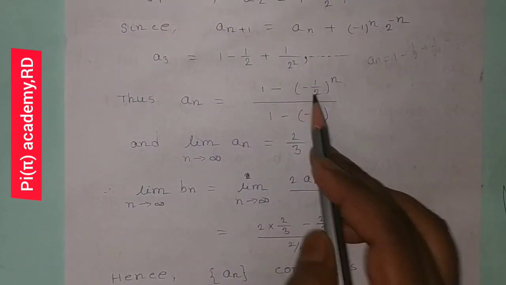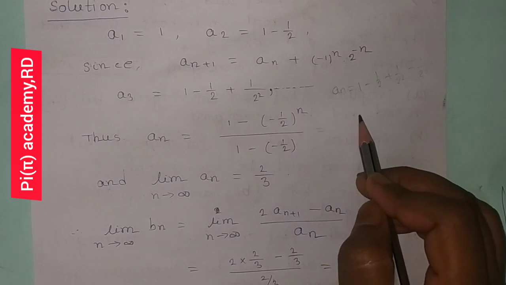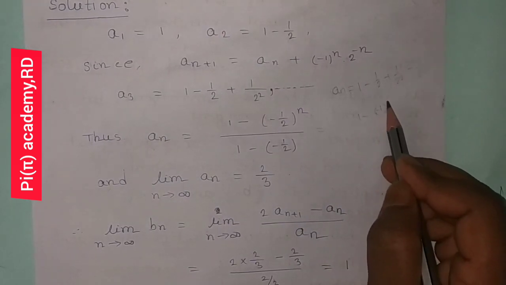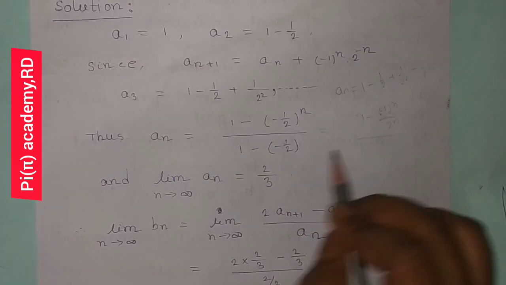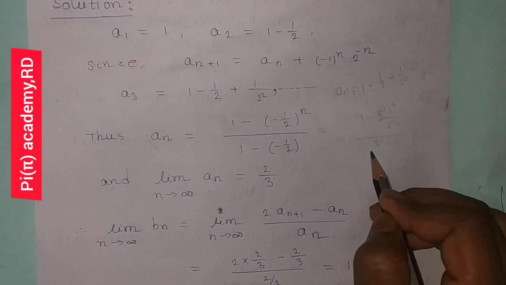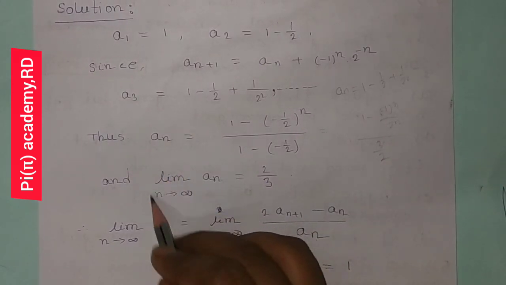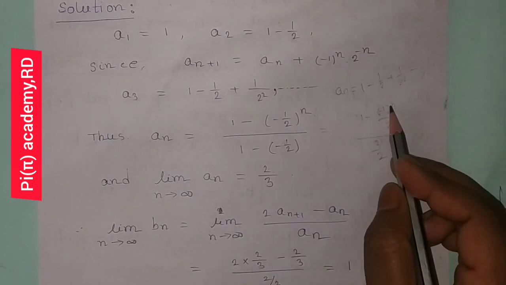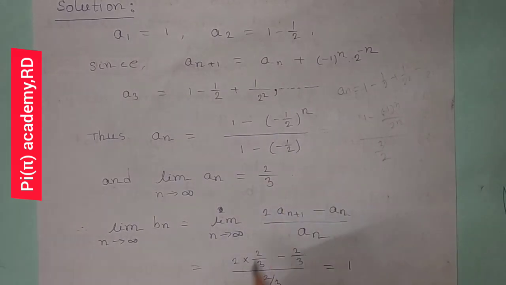Then this equals (1 minus (-1)^n divided by 2^n) by (1 plus half, that is 3 by 2). If we take the limit as n tends to infinity, then this is 0 and 1 by 3 by 2, that is 2 by 3.